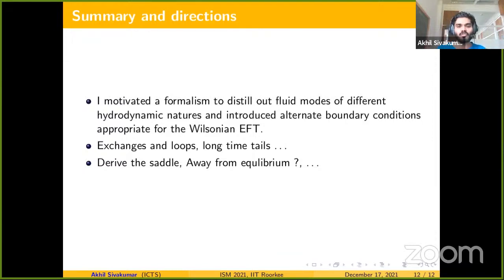And you might want to go even further and describe such a saddle away from equilibrium, because at the moment you're thinking of a black brane, the ordinary Schwarzschild black brane, but then perturbatively excited. But you might want to derive a Schwinger-Keldysh saddle for configurations really away from equilibrium, corresponding to away-from-equilibrium boundary plasmas and so on. That's it. I thank you all for your attention.